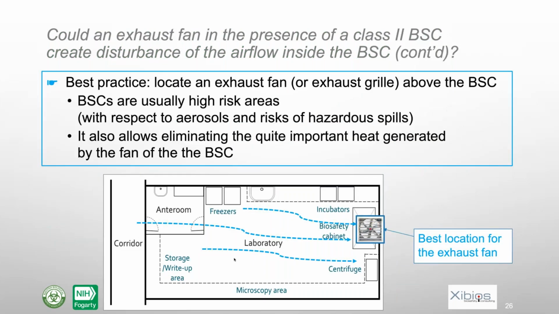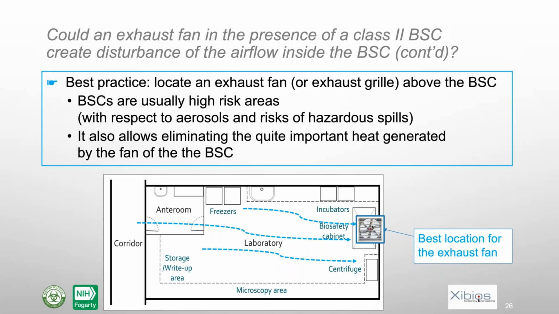So the best practice would really be to locate the exhaust fan above or very close to the biosafety cabinet. Why? Because it's a high risk zone. So if you have a spill, you will evacuate those infectious aerosols as soon as possible.